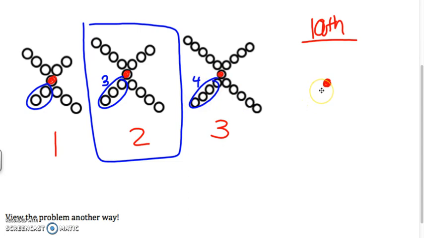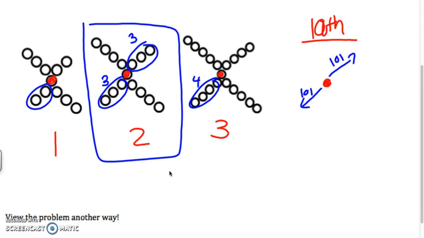In the 100th figure, there are going to be a lot of circles right here, but I know it's going to be one more than the 100th, so there would be 101 circles. I also know that the other row of 3 is on the other side. Same thing, if there are 3 in the second one, there was one more than where I was. So I know there's going to be 101 circles going that way as well.